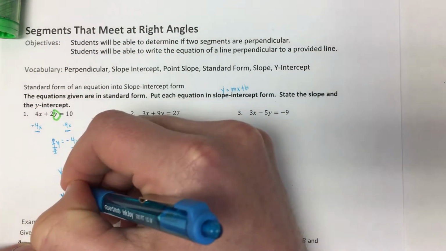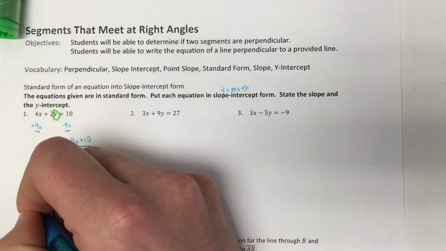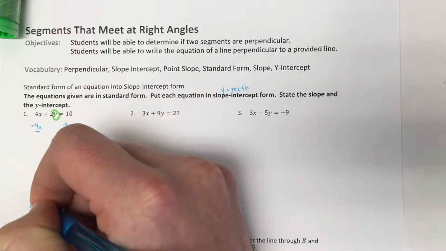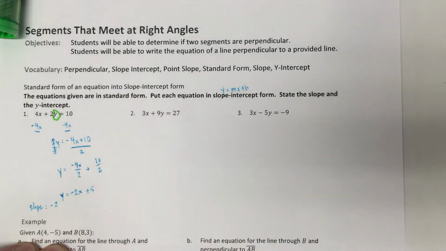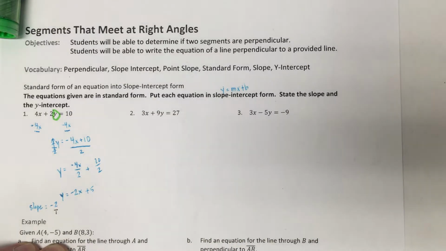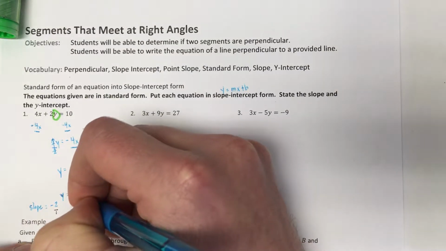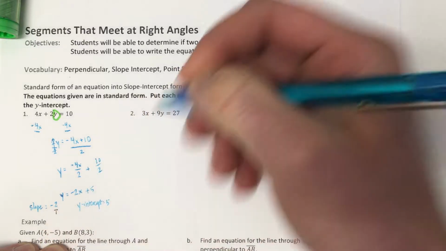And so y is equal to negative 2x plus 5. The slope is equal to negative 2. You might want to put the over 1 in there just as a reminder that it's a ratio of rise over run, and the y-intercept is equal to 5.